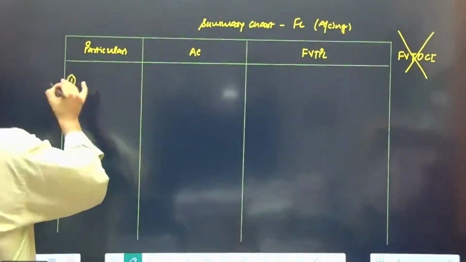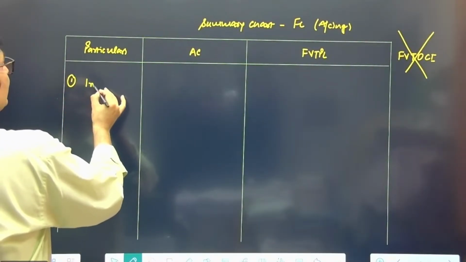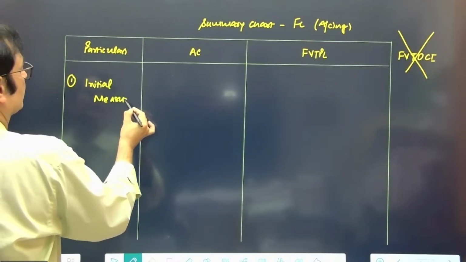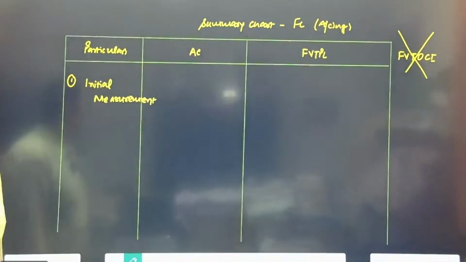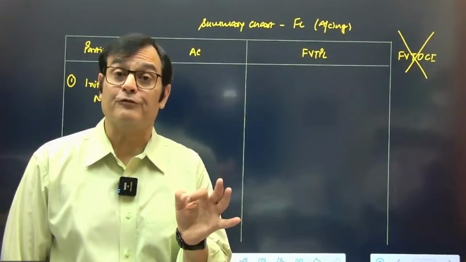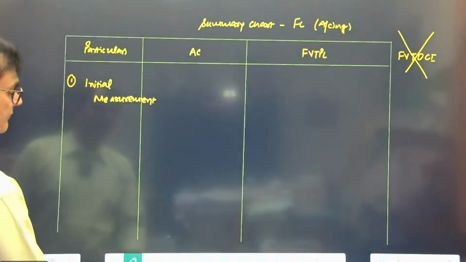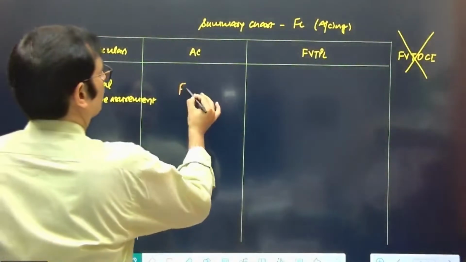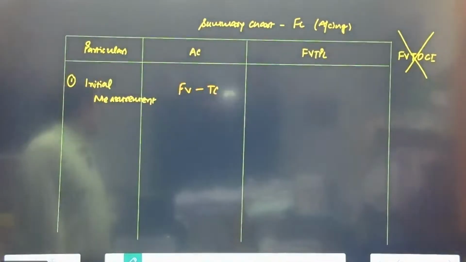Let's first discuss the concept of initial measurement. Inclusive of the concept of TC, at what value will liabilities be measured for AC? Fair value, we will reduce the transaction cost. Very good, so fair value minus the TC.